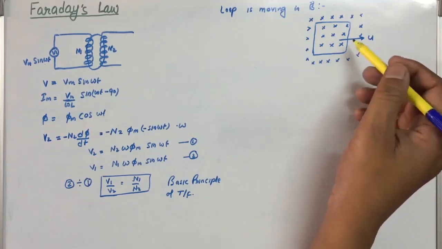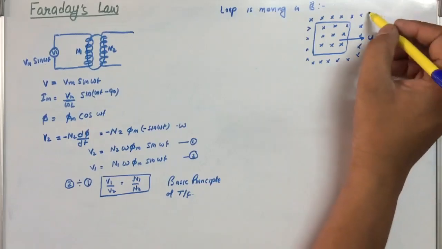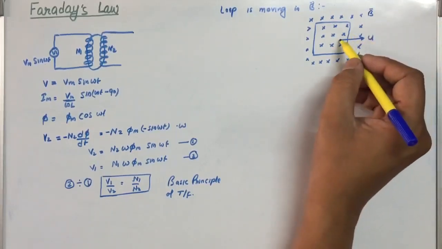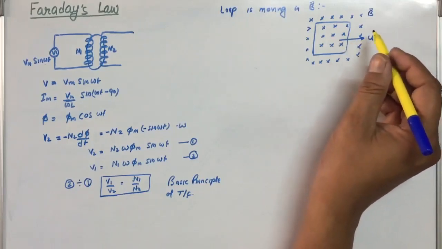So let us consider a magnetic field B that is inside the plane, and the object is moving towards the right.